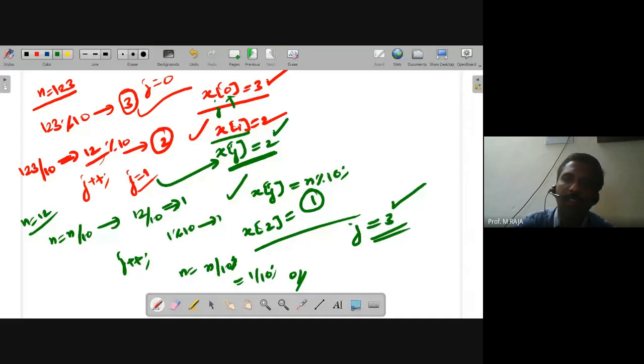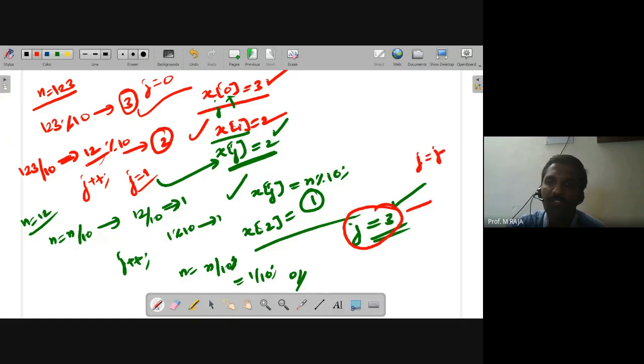So that is how it is processed, similar to decimal to binary conversion. Current j is 3. Let us start at j minus 1. That means j is equal to 2, j is equal to 1, until j reaches 0.